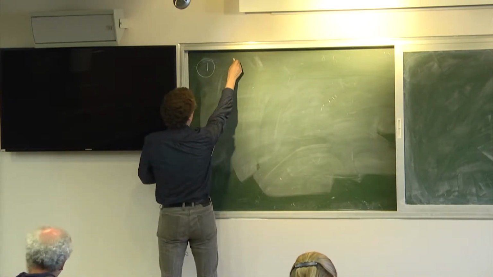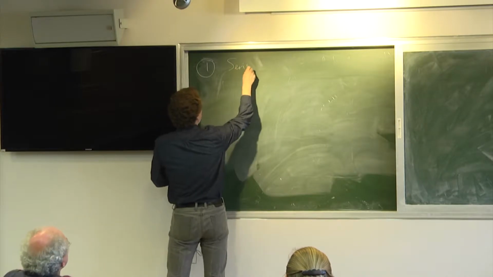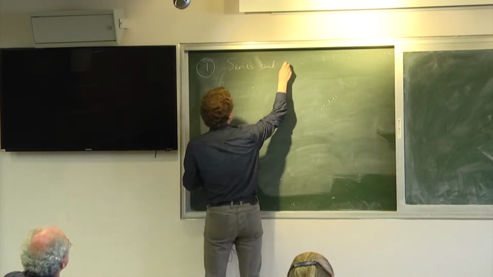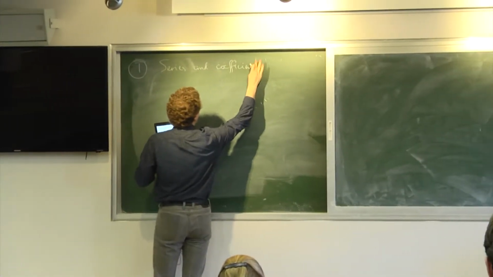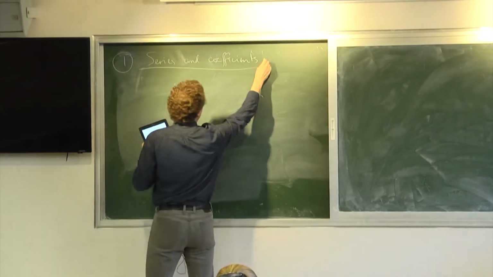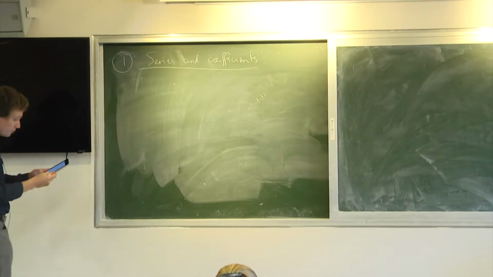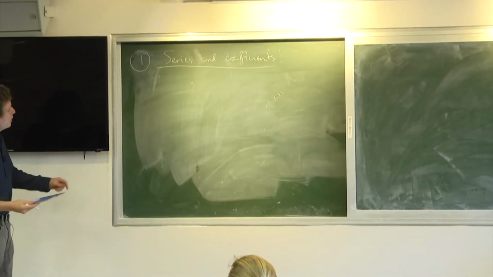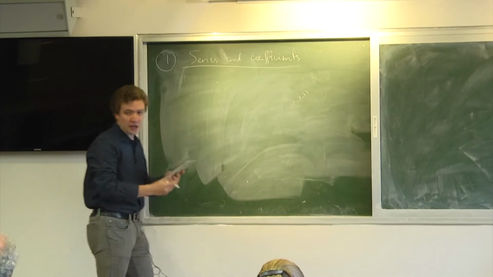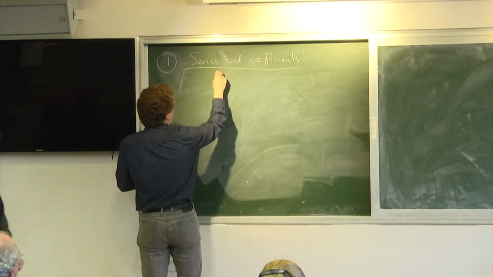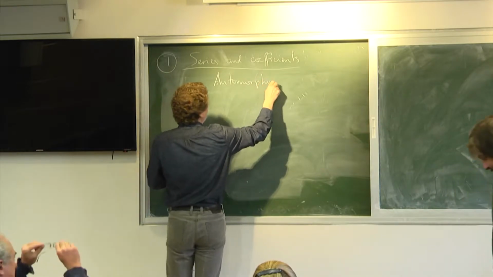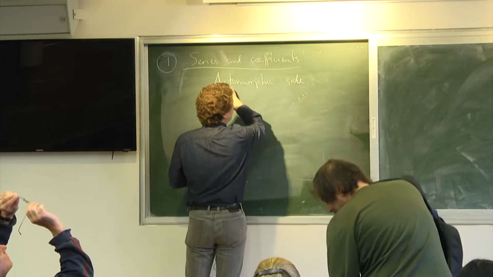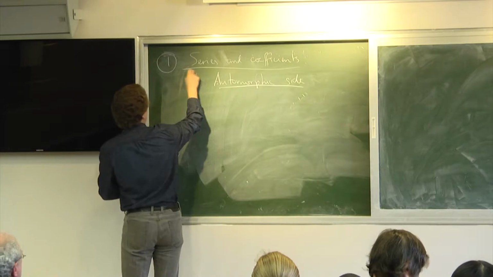So this is somehow supposed to indicate various series and coefficients functors. And I will just draw it on the automorphic side. So A for short.